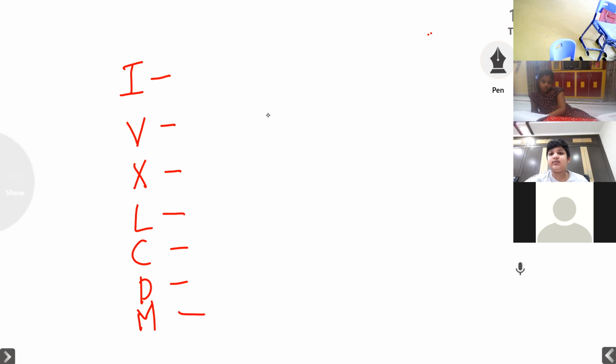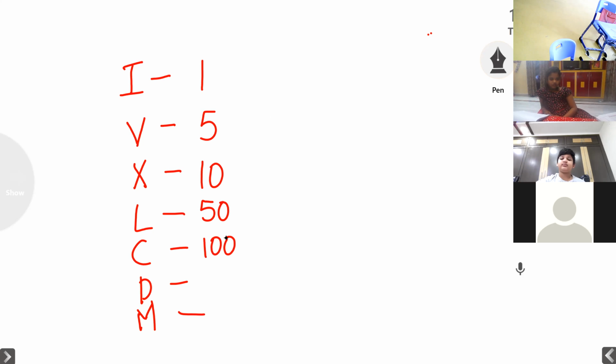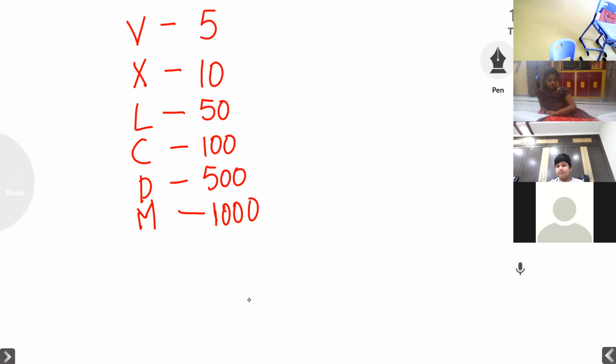I is 1, V is 5, X is 10, L is 50, C is 100, D is 500, M is 1000. These are the values in the Hindu Arabic system, and these are the 7 basic letters the Romans used.